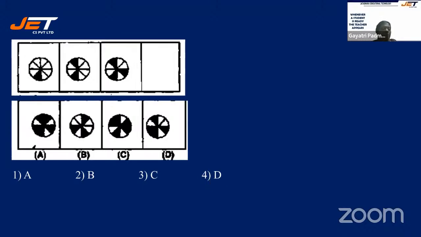See the next one. Here we have the highlighted triangles. First one is 1. Second one is 2. Third one is 3. So fourth one should be 4. Isn't it? So where do we have 4 highlighted? Right?